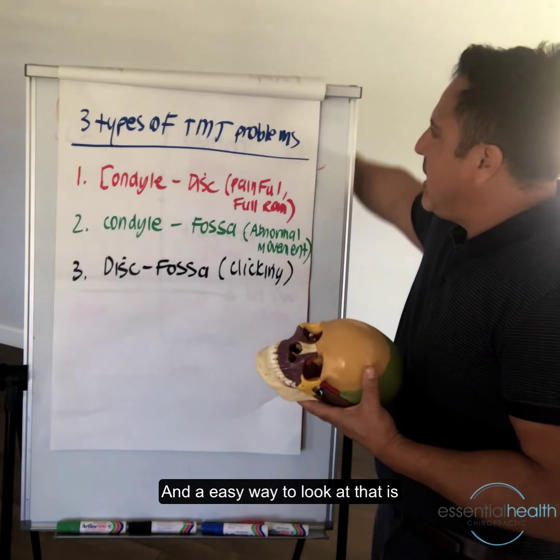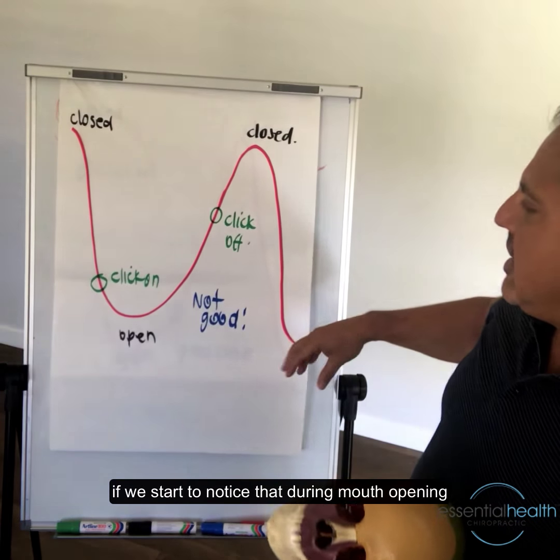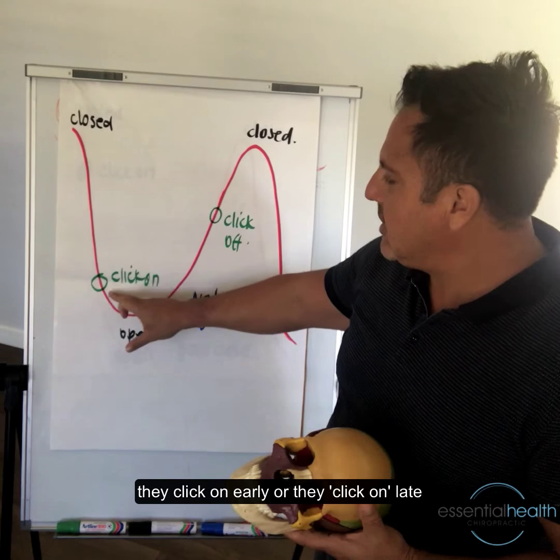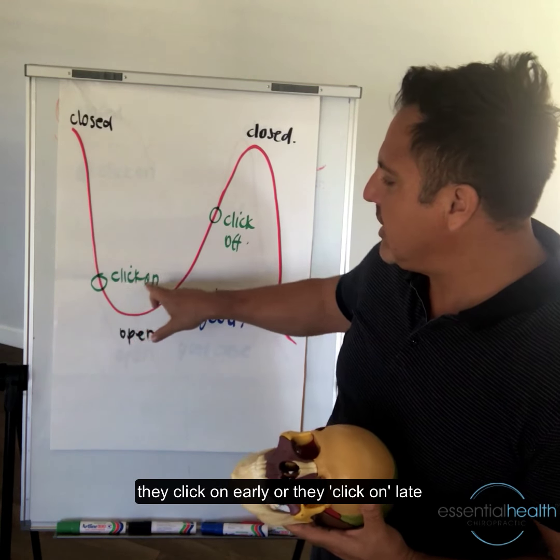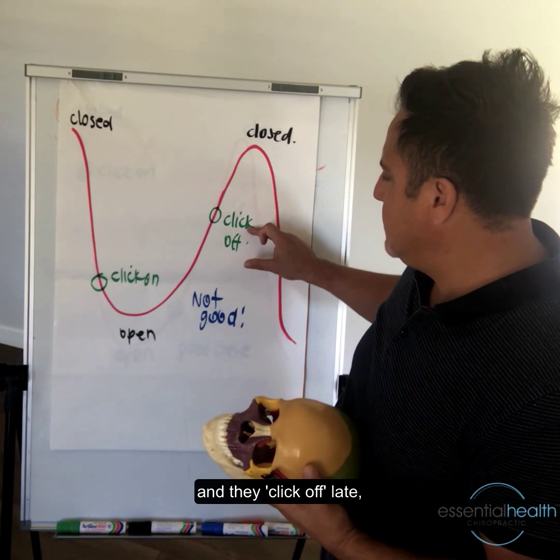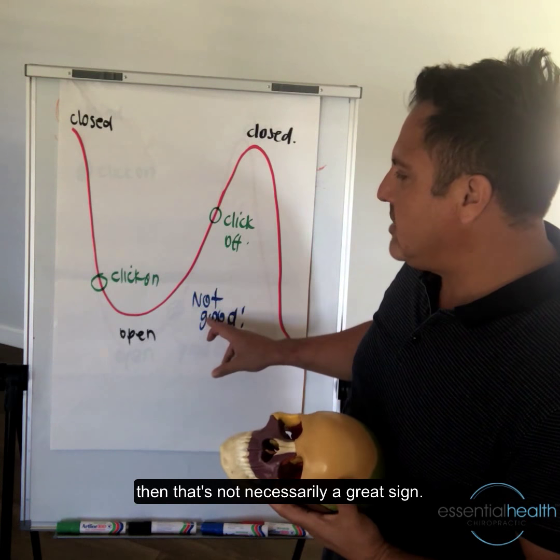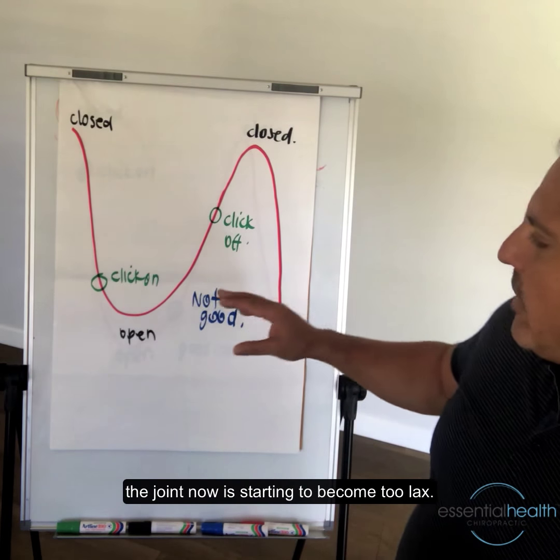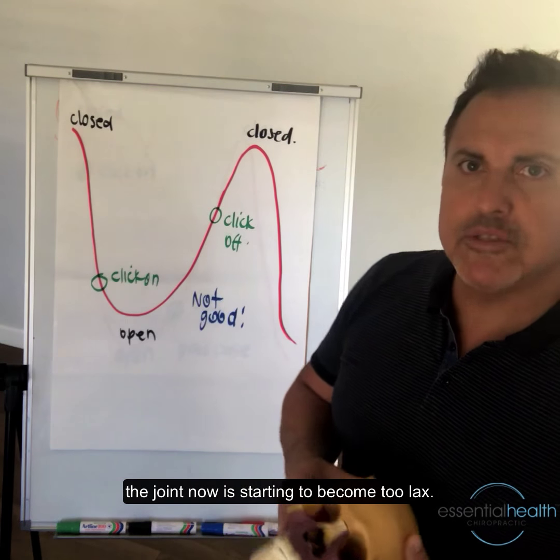An easy way to look at that is if we notice that during mouth opening they click on late and they click off late, then that's not necessarily a great sign. Why? Because what we're seeing here is where the joint is starting to become too lax.